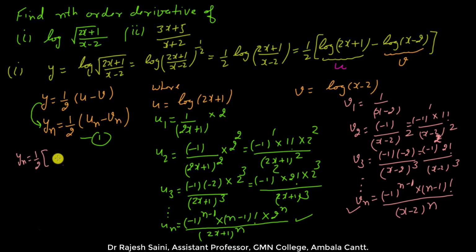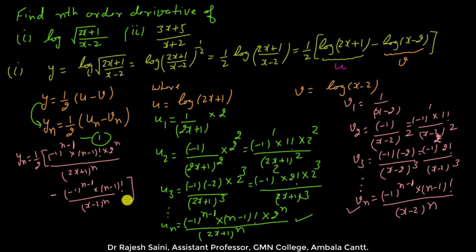Put the value of un, this will be minus 1 raised to the power n minus 1 into n minus 1 factorial into 2 raised to the power n divided by 2x plus 1 raised to the power n, minus, put this value over here, minus 1 raised to the power n minus 1 into n minus 1 factorial divided by x minus 2 raised to the power n, and close the braces.